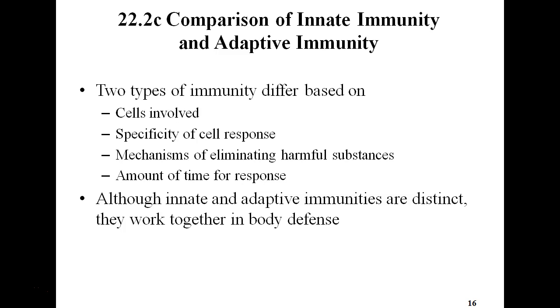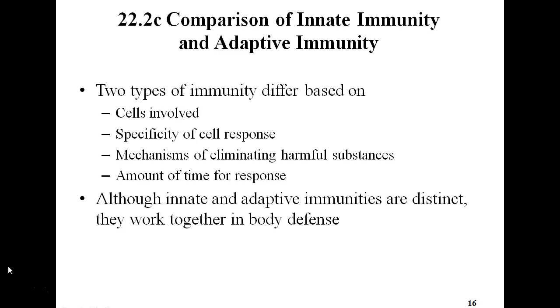So we talk about there being two main branches of the immune system, the innate immune system and the adaptive immune system. As an overall guiding factor in this discussion today, we're going to first talk about the innate immune system, and then in another segment we'll talk about the adaptive immune system. Briefly comparing these two, innate immunity refers to defense mechanisms of the immune system that we are born with, hence the name innate.